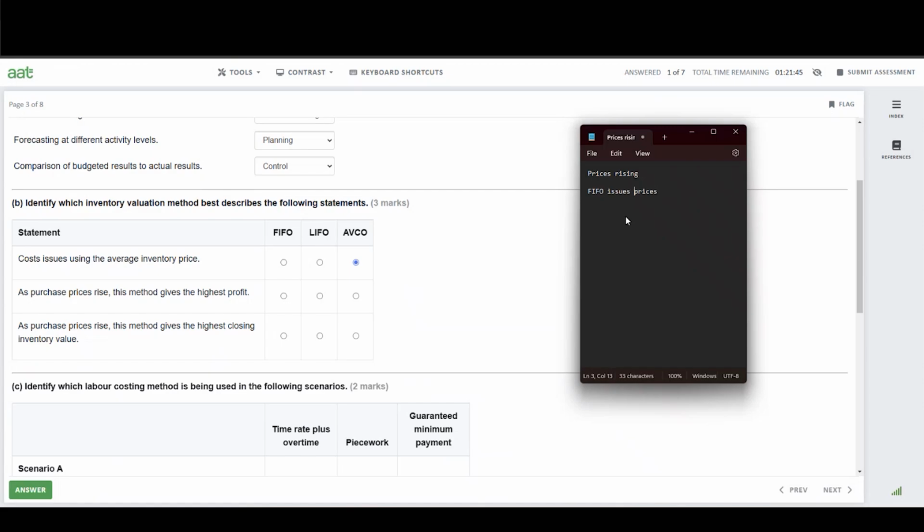So the issues uses the oldest prices first. So that means it will use the cheapest units first, doesn't it? So that means our cost will be lower. So that means profit will be higher.